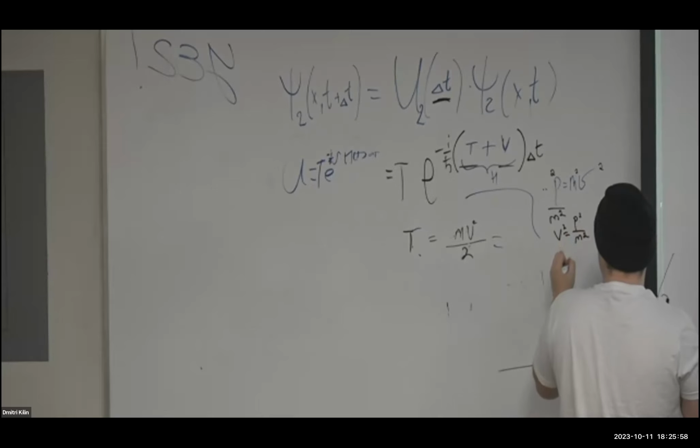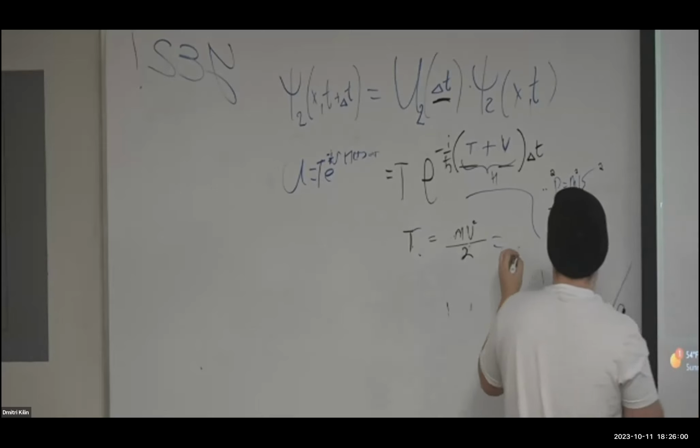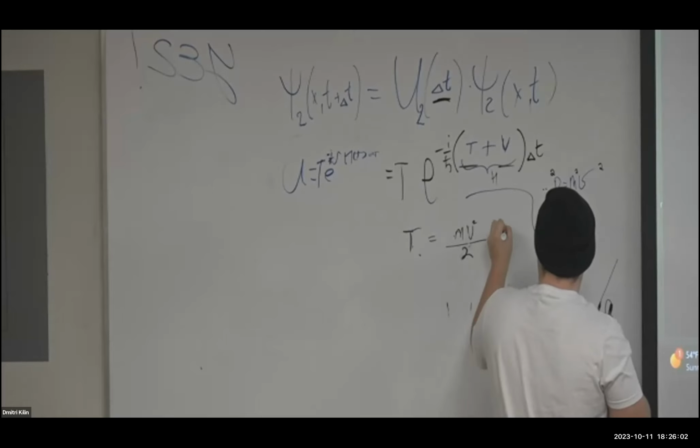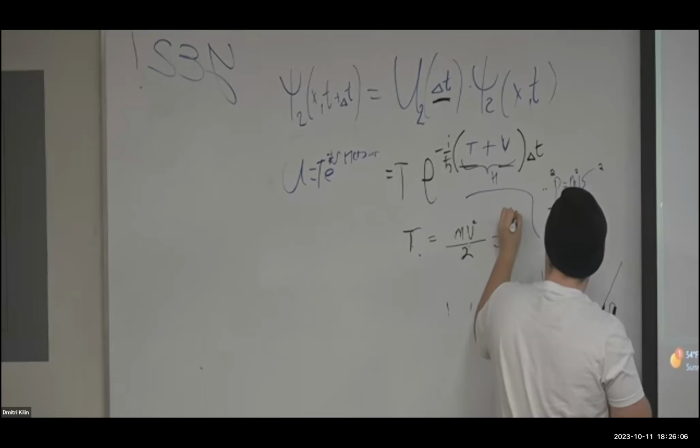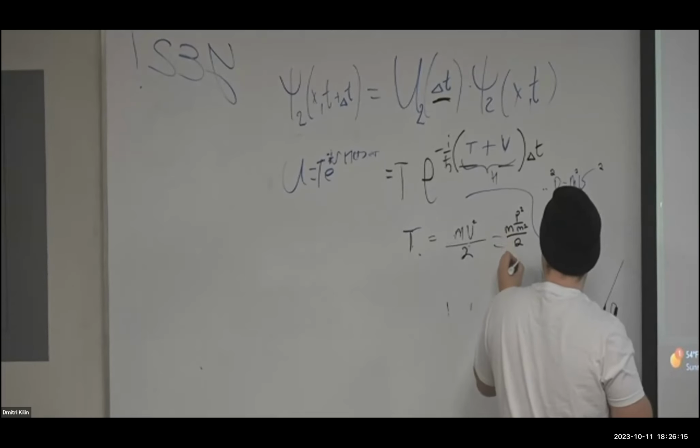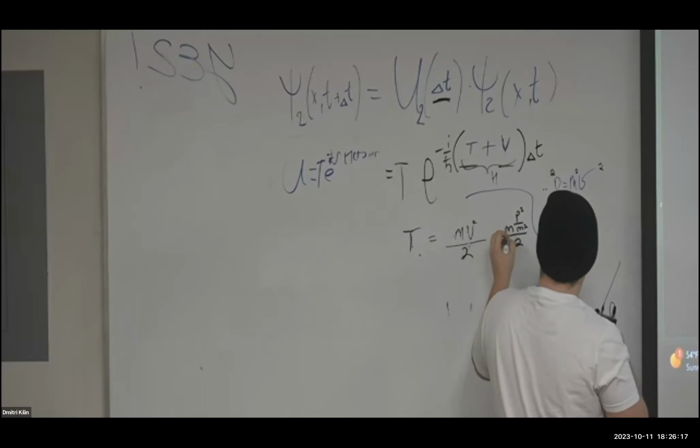And then plug it into the expression that was prompted to us. Divided by 2. Then we can cancel something. You can cancel the m, can't you? Yes.